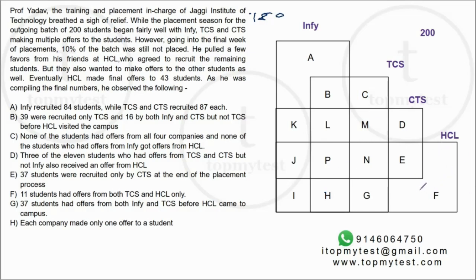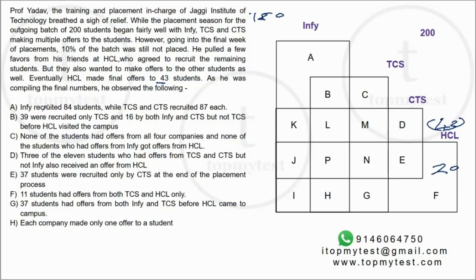So we know F will be equal to 20. And overall, we also know HCL made a total of 43 offers. So the entire part under HCL is 43.